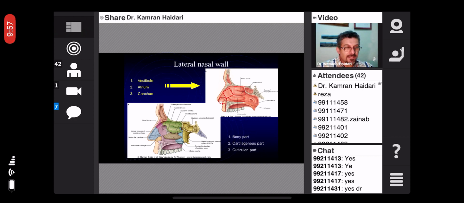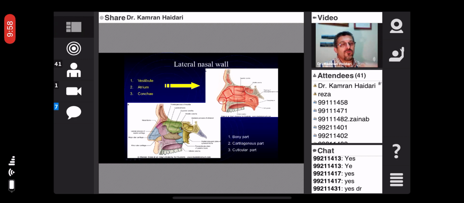Nares and nostril are the same. And this elevated ridge or border is the limen nasi. Therefore, the vestibule is between the nostril and the limen nasi.